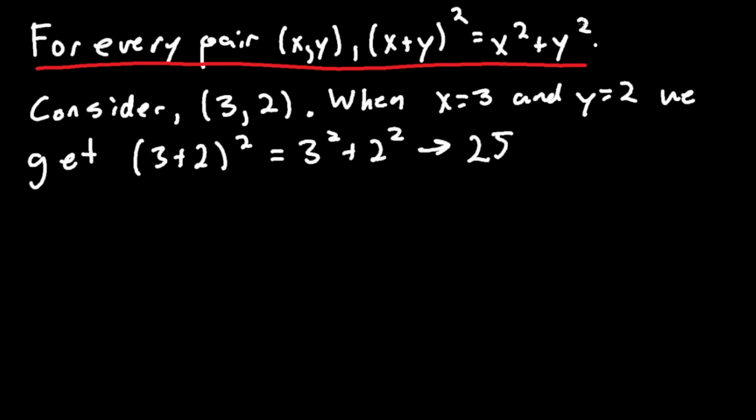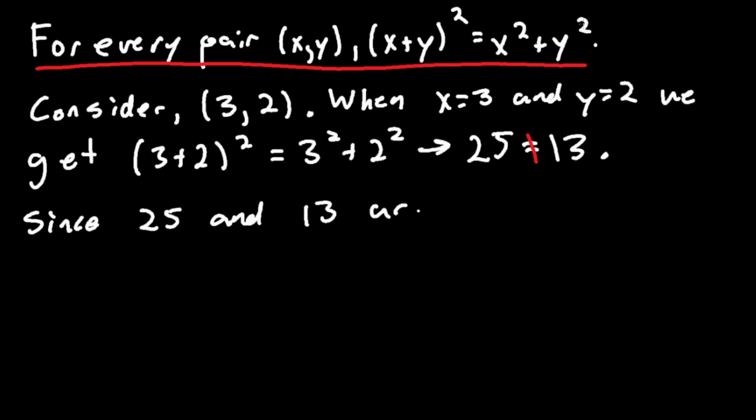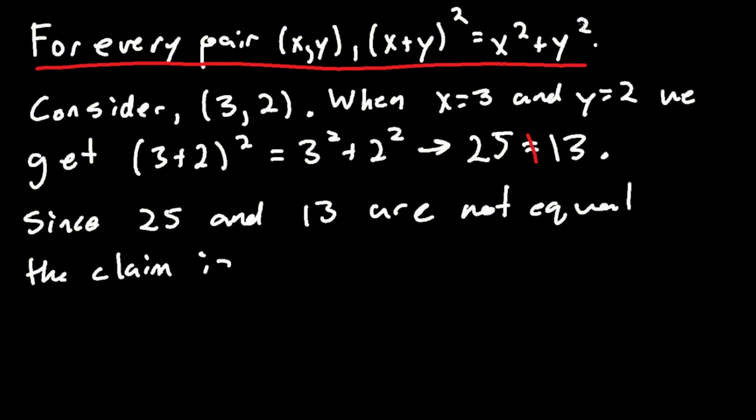And on the right, 3 squared is 9 plus 4, which is 13. This statement is false, right? 25 and 13 are not equal. Since 25 and 13 are not equal, the claim is false.